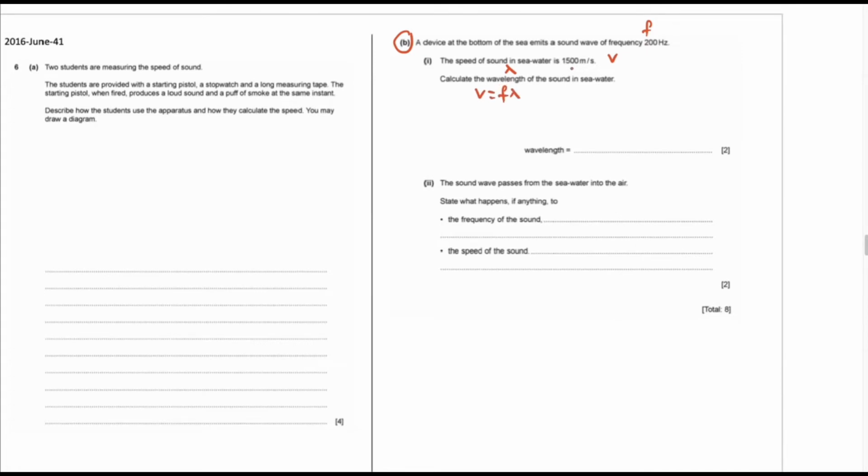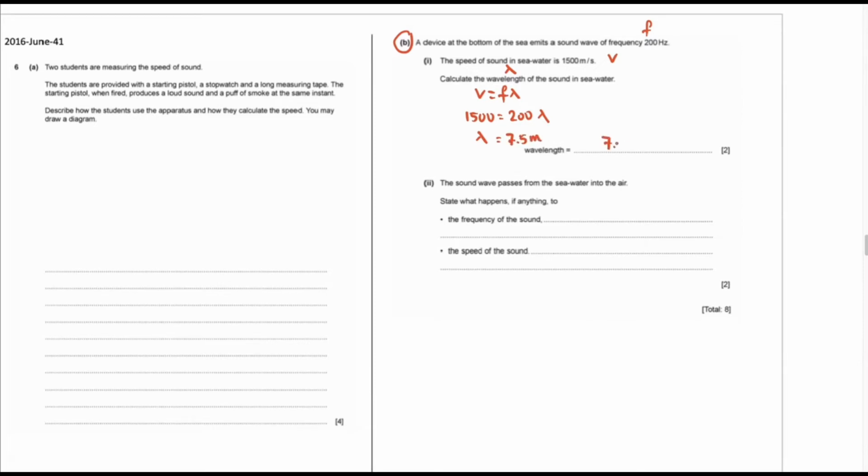Then you substitute. The v is 1,500. The f is 200. The lambda is unknown. So we take 1,500 divided by 200, and we get 7.5 meters.